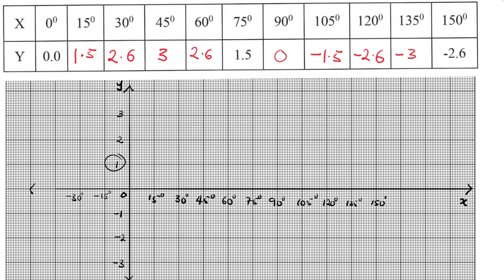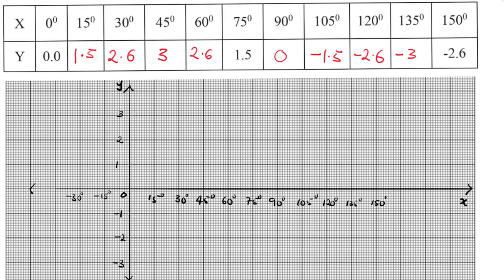And we always have 10 small boxes in between these big boxes. So we're going to say 1 divided by 10, which is 0.1. So each of these small boxes on the y-axis is 0.1.